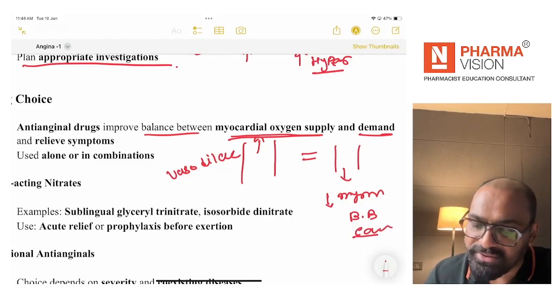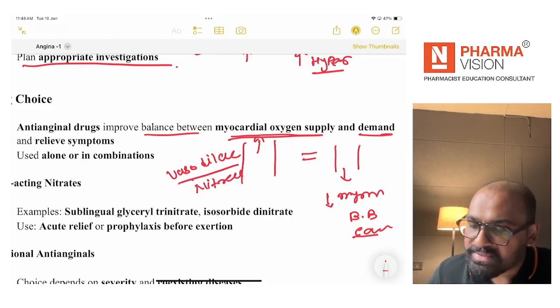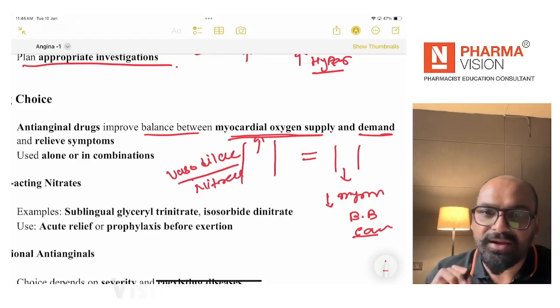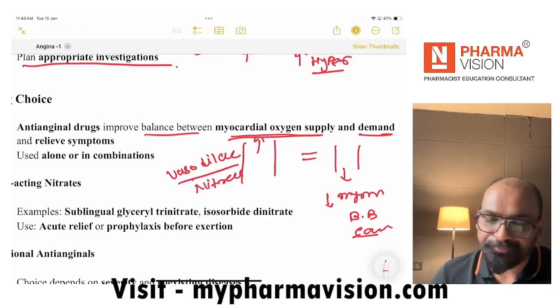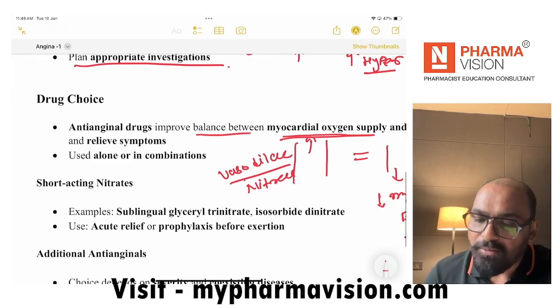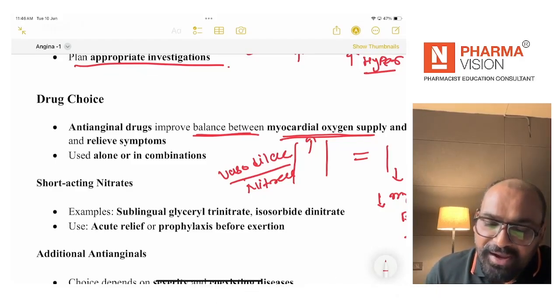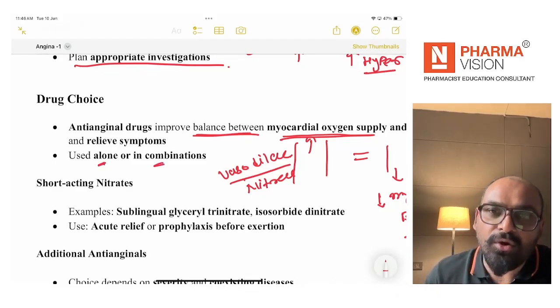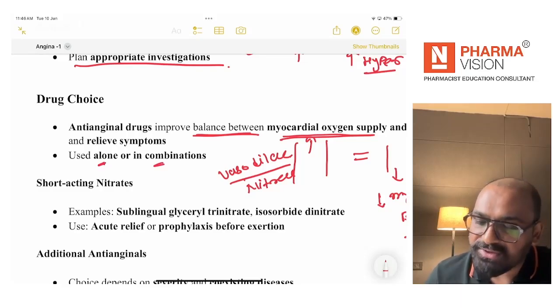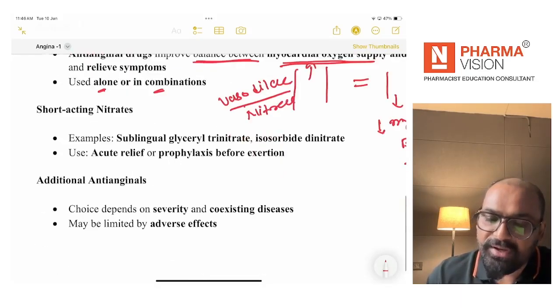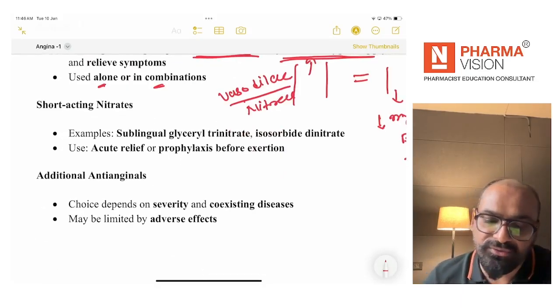Here are the nitrates as well. So these medications can be used for the management of the balance between myocardial oxygen supply and demand, alone or in combinations.